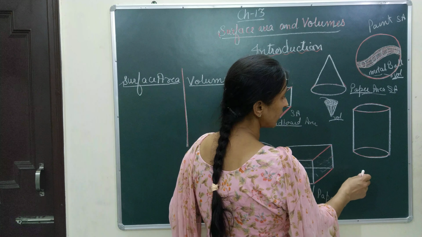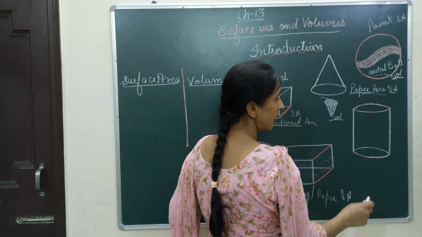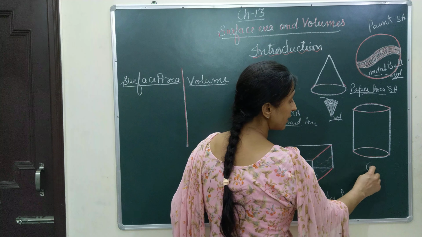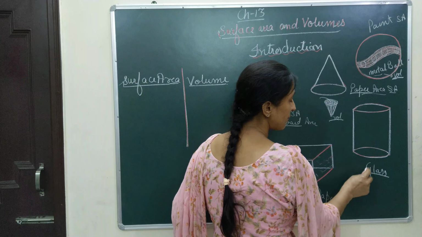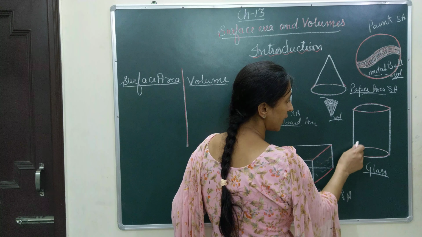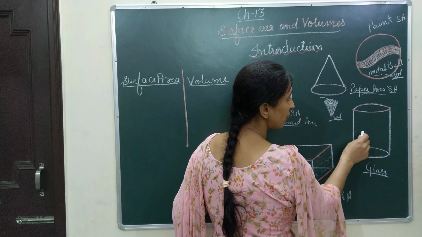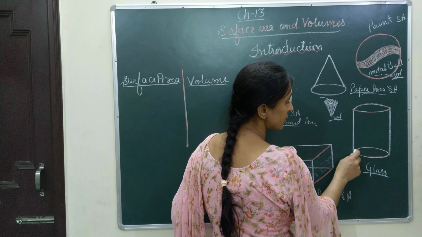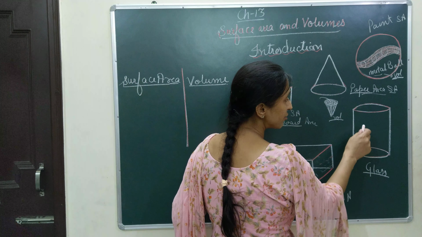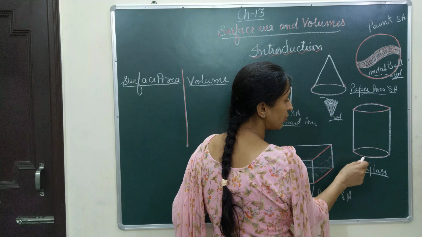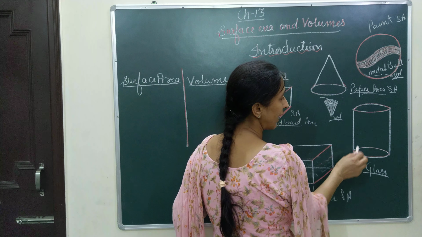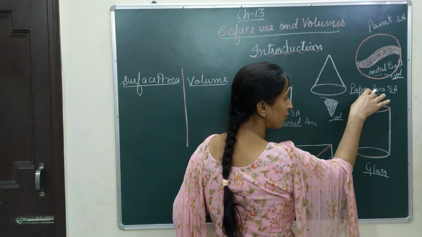Let us talk about the cylinder shape now. Suppose there is a cylinder given to you and it is made with glass. They are asking to find the area of glass used in making such a cylinder. As you know, if you are making a cylinder, you are going to use the glass only on its boundary, you are not going to fill it.